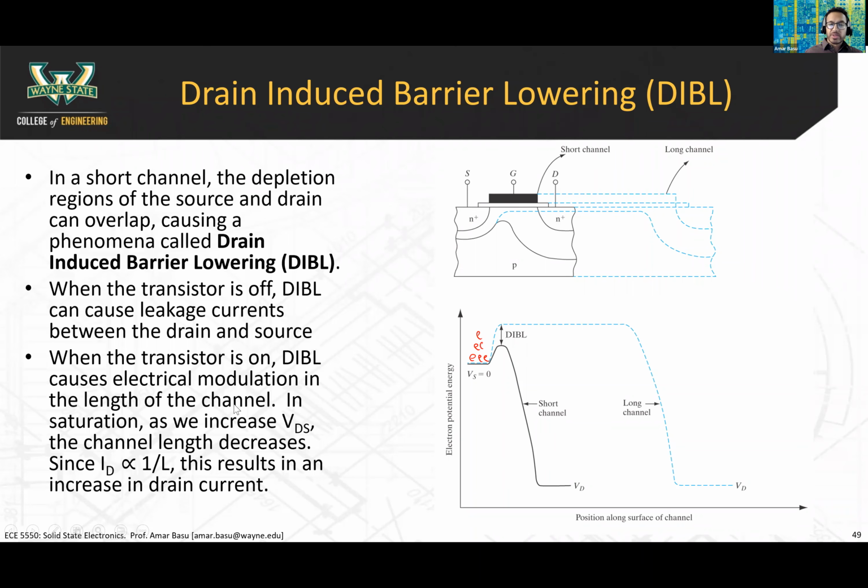The second thing is when the transistor is on, the DIBL can cause electrical modulation of the length of the channel. Okay, now, imagine a long channel device like this, dotted line in blue. When you apply a voltage between the drain and the source, you get an expansion of the depletion region here. I'll go into more detail on that in the next slide, so let me just give you the high level here. This depletion region starts to expand.